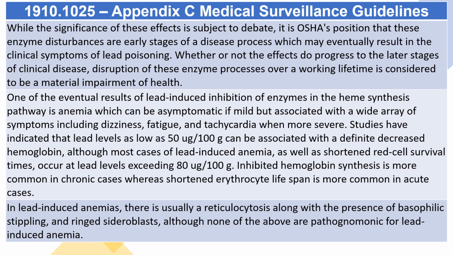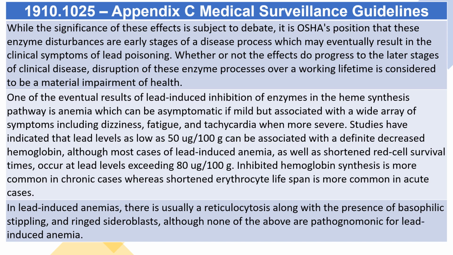One of the eventual results of lead-induced inhibition of enzymes in the heme synthesis pathway is anemia, which can be asymptomatic if mild but associated with a wide array of symptoms including dizziness, fatigue, and tachycardia when more severe. Studies have indicated that lead levels as low as 50 µg/100 g can be associated with a definite decreased hemoglobin, although most cases of lead-induced anemia, as well as shortened red cell survival times, occur at lead levels exceeding 80 µg/100 g.